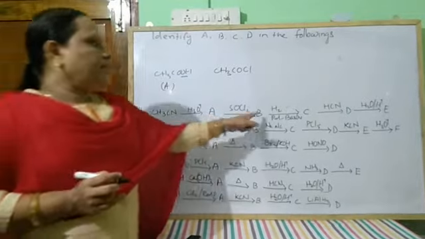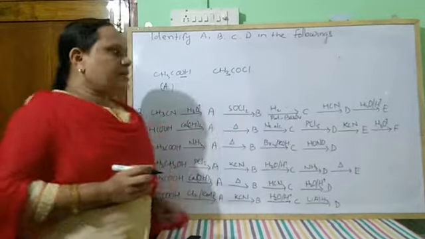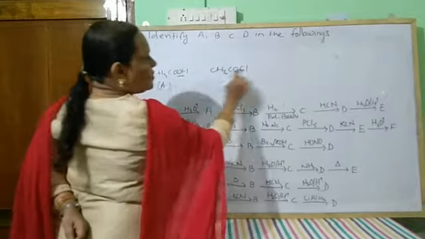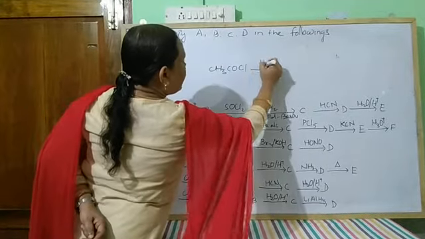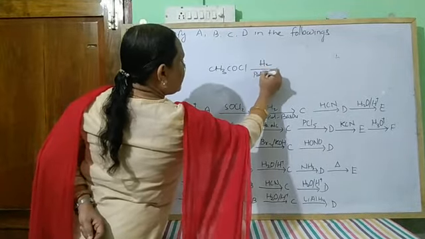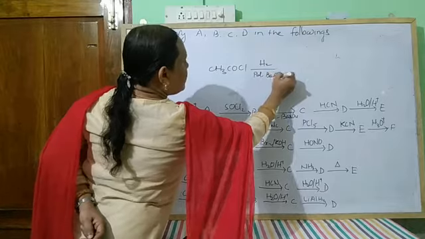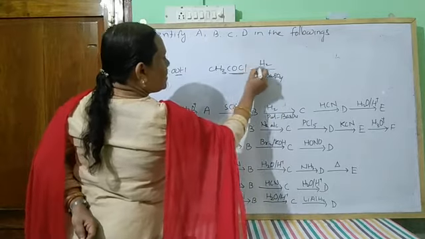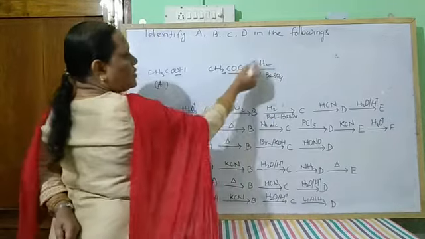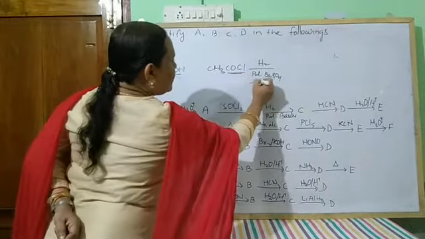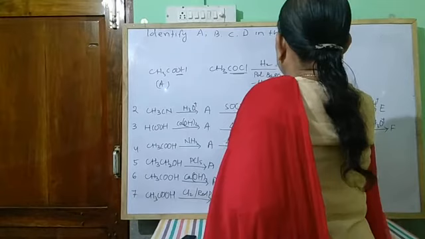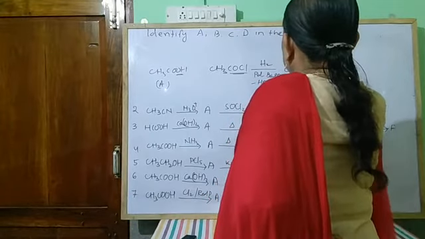Again, the acid chloride reacts with hydrogen, palladium, barium sulfate. This is the Rosenmund reduction, and the COCl group is replaced by hydrogen, minus HCl, and it gives you acetaldehyde.